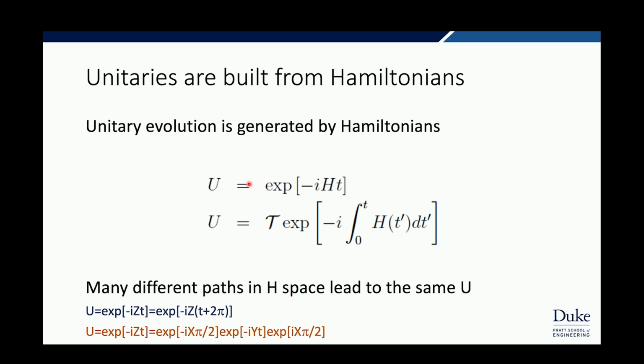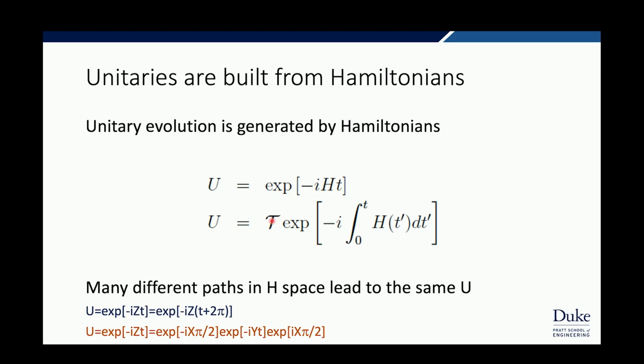If you have a Hamiltonian which is time independent, then the unitary is just the exponentiation of that Hamiltonian. Easy. If you have a Hamiltonian which is time dependent and doesn't commute with itself, this part here is basically, I think, a lie. Physicists are super smart, and they say the big thing's too complicated to write out, so I'll put this fancy T here.